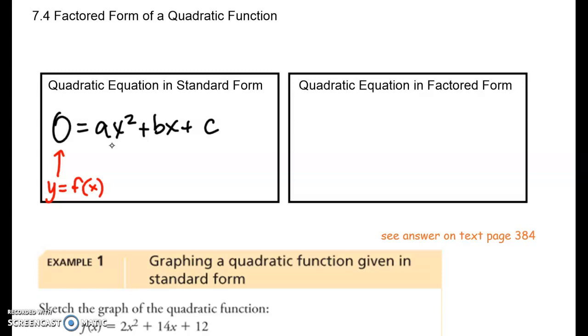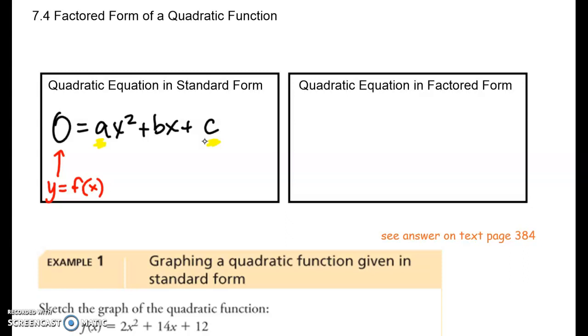What else do you know about this equation? You could probably tell me that a determines the concavity, whether it opens up or down, and that c tells you the y-intercept of the parabola. Today we're going to talk about how to use a quadratic function in factored form.